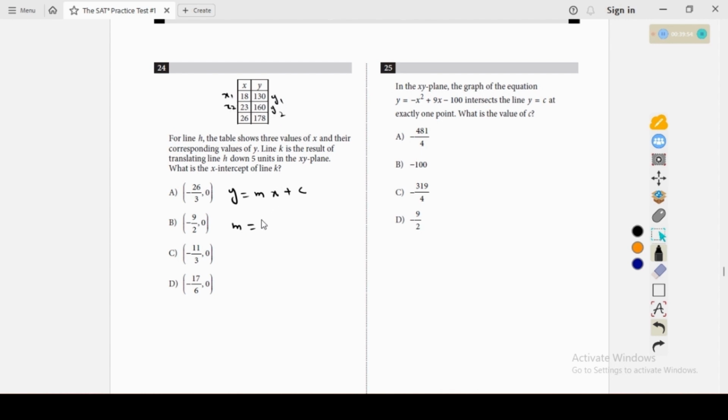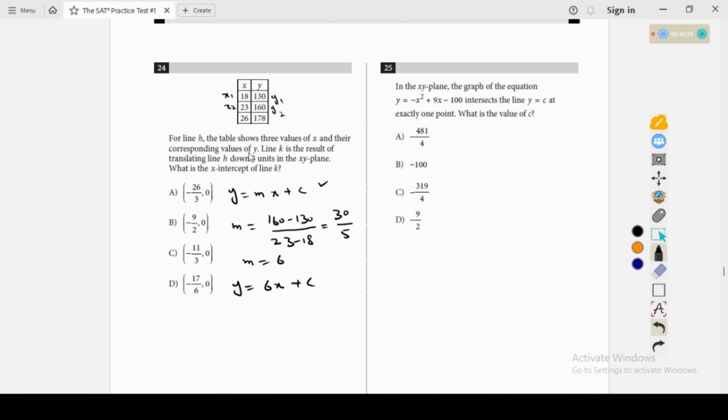The formula for slope is y2 minus y1, that is 160 minus 130, divided by x2 minus x1, that is 23 minus 18. It becomes 30 by 5 and the value of m is 6. The equation becomes y equals 6x plus c.